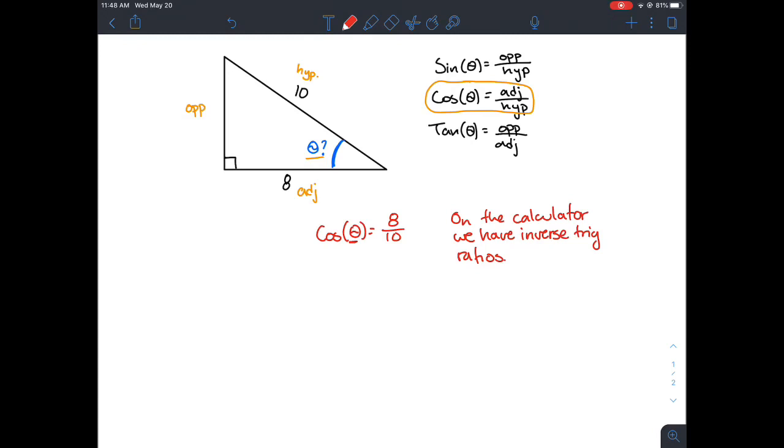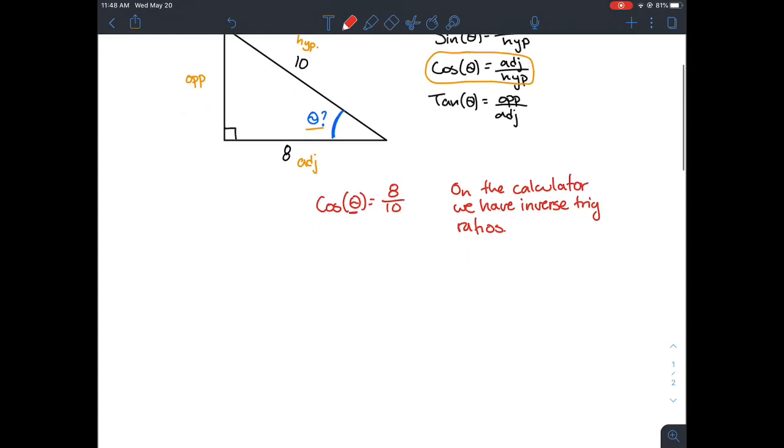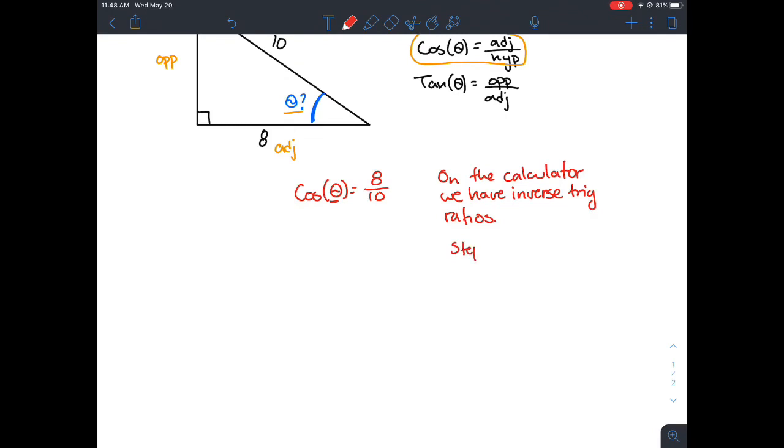Okay, and so where to find these? Step one is you're always going to have to hit second. So we hit the second button. And step two is to find the trig ratio you want, whether it's sine, cosine, or tangent, whichever one of those buttons we're using.